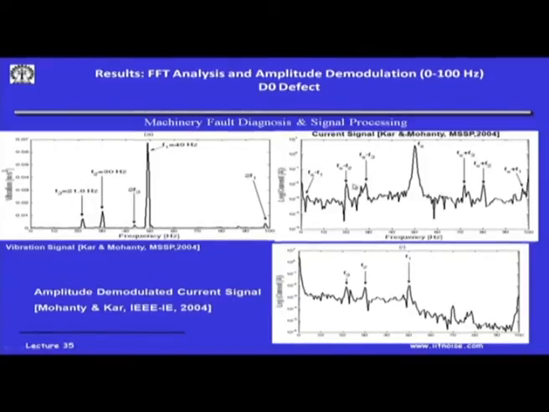The side bands are because of the modulations, obviously they are modulated, and to find out these side bands I did a demodulation, and by this demodulation you will see F1, F2, F3 sticking up, and with load or with defect severity these amplitudes are going to increase.